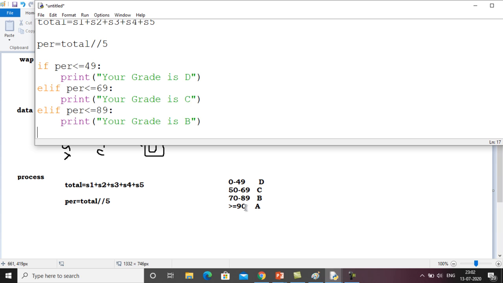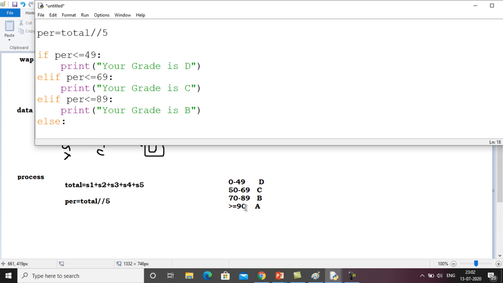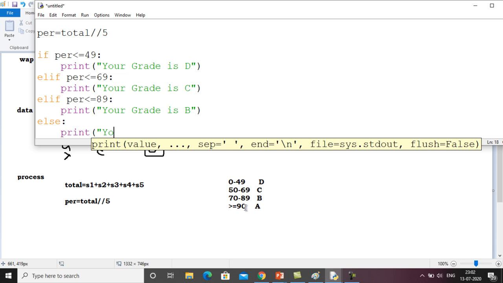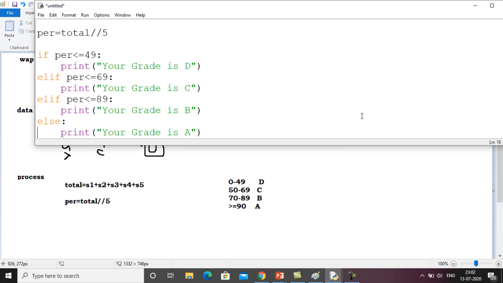And suppose if this last condition is also false, then it means the percentage must be greater than or equal to 90. So we will write print your grade is A.